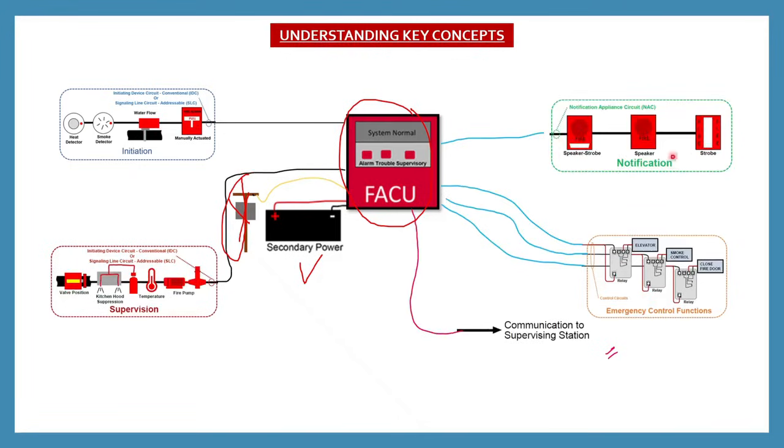As you can see on your screen, you have initiation devices as well as notification devices. All these have to be functional even if the power is lost. So without secondary power, the fire alarm system could fail, which is dangerous for occupants. We will understand standby as well as alarm mode conditions in future slides.